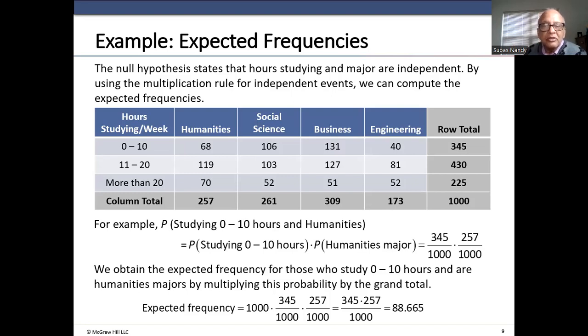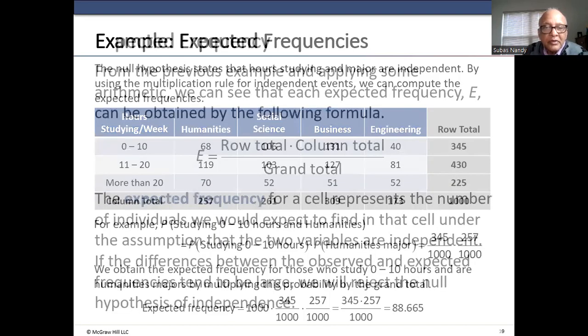Then we multiply it by the grand sample size of 1000 to get the expected count in the first cell, first row, first column, the intersection of 0 to 10 hours of studying and humanities, as 88.665.